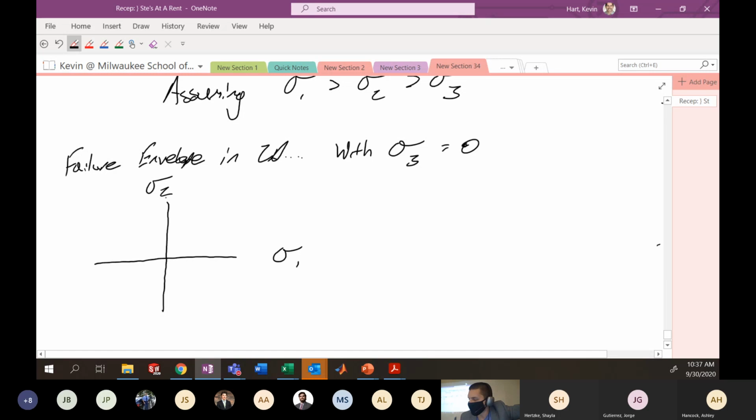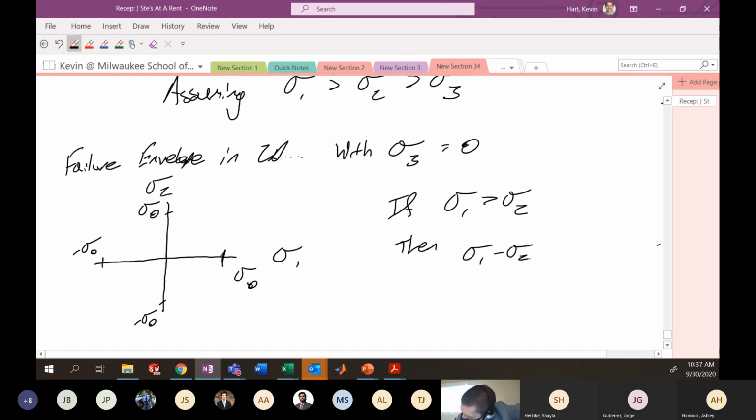Here we are again with our sort of boundaries. And we'll say that if we assume, then this is one of our equations.